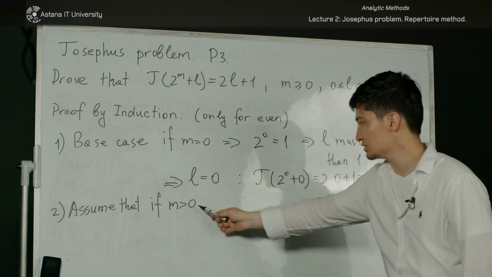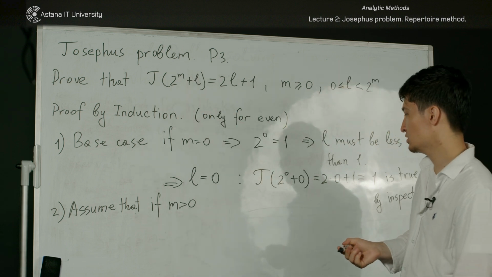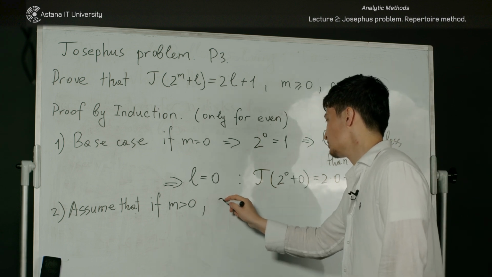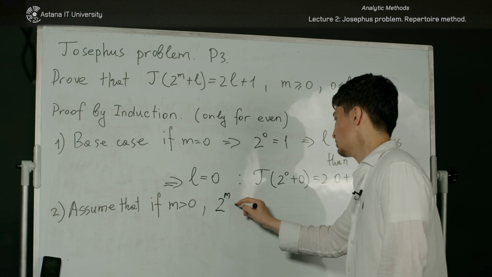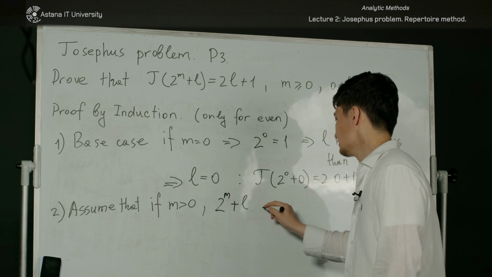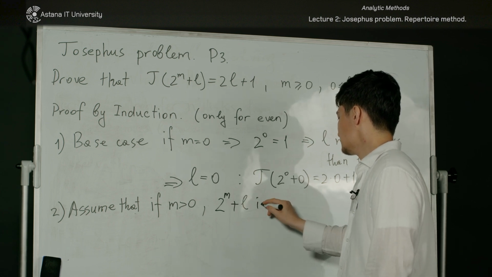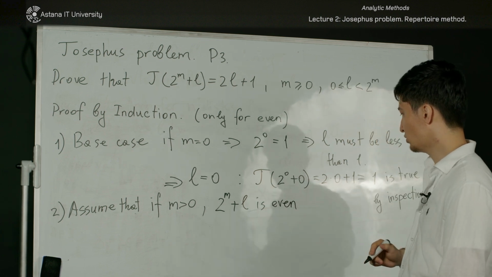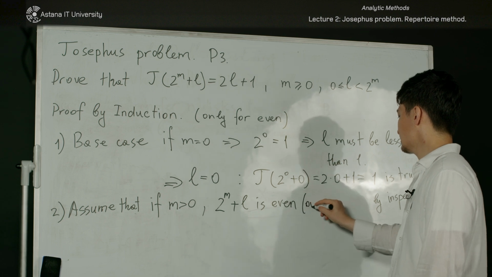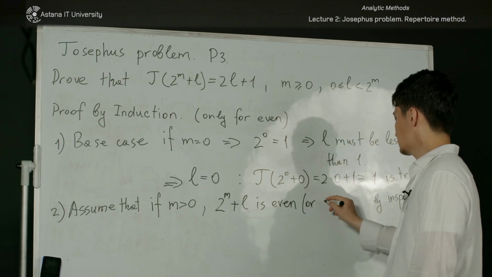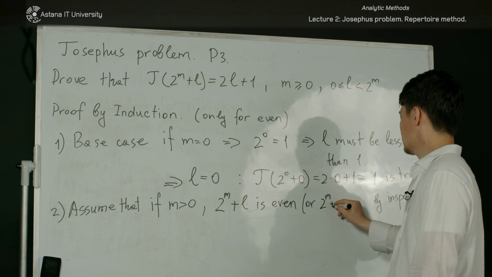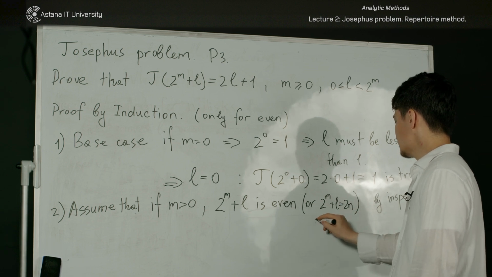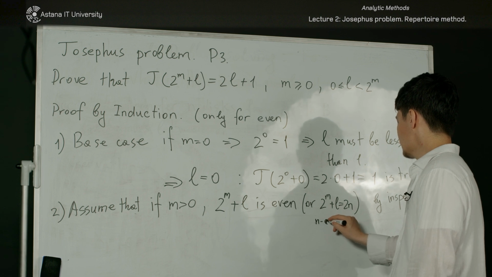So if m strictly greater than 0, and we're considering even values, we're going to say that this number, 2 to the power of m plus L, is even. Or we can write it as equal to 2n, and n, in this case, some integer.